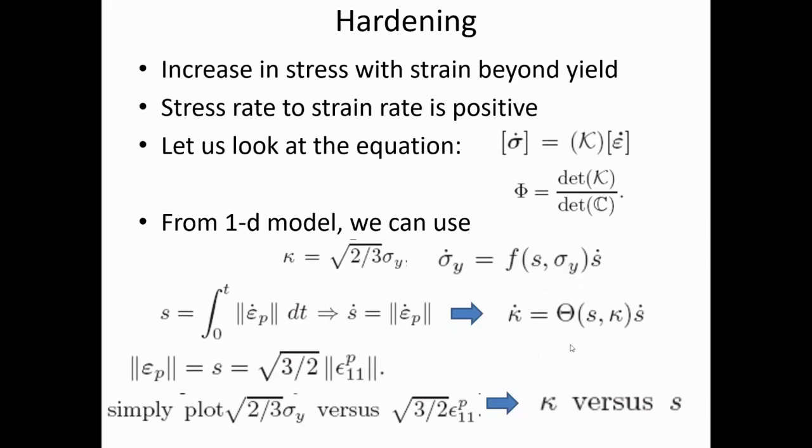The kappa versus S relationship is through this, so that I can find out this function. Is this clear? So how do I find out this relationship? I find this out through an experiment. So far, so good?